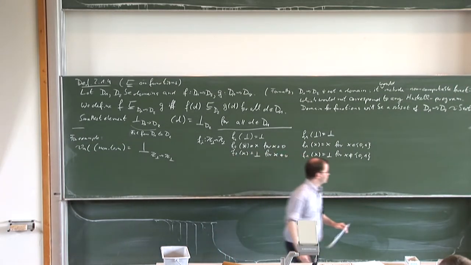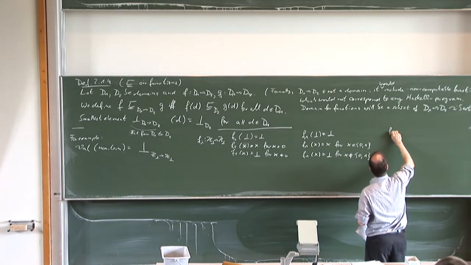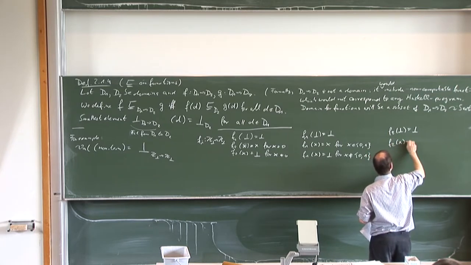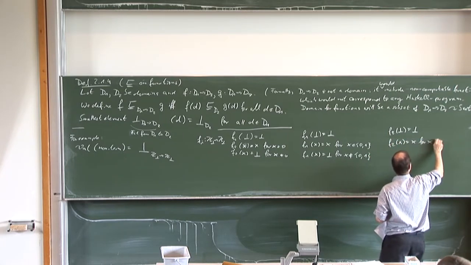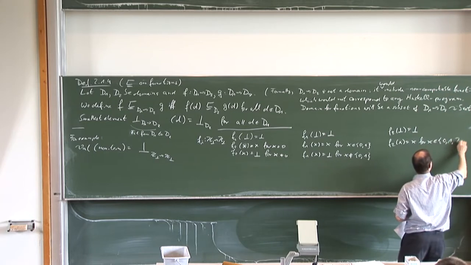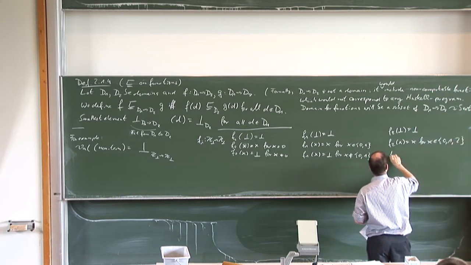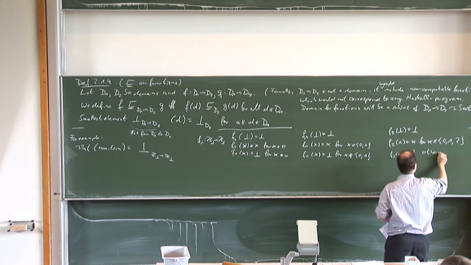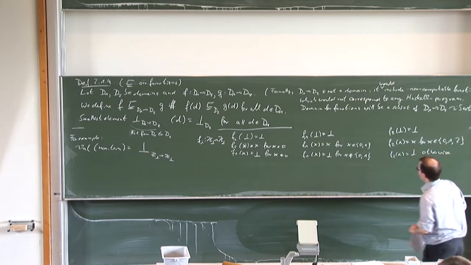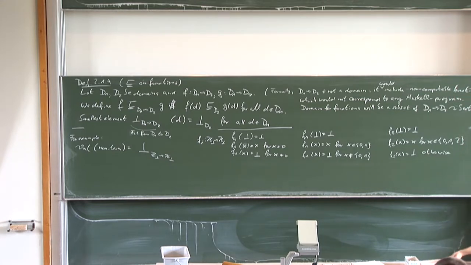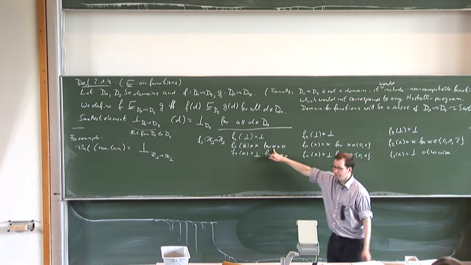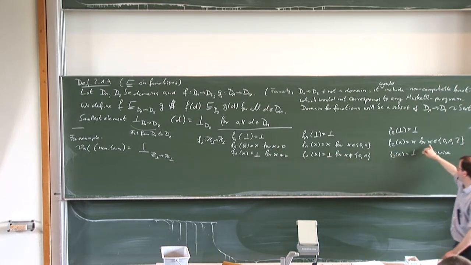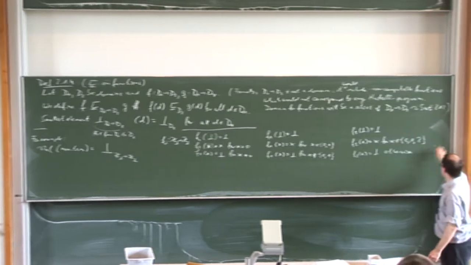And then f2 of bottom is bottom, f2 of x is x for x from 0, 1, 2, and bottom otherwise. And so on. So f0 is defined only for 0, f1 is defined for 0 and 1, f2 is defined for 0, 1, and 2, and so on.